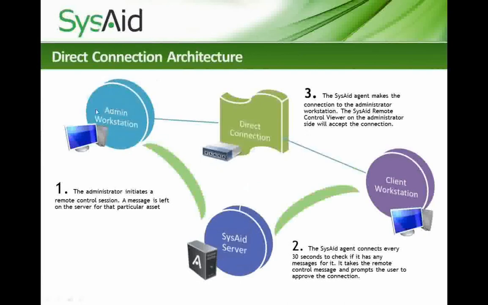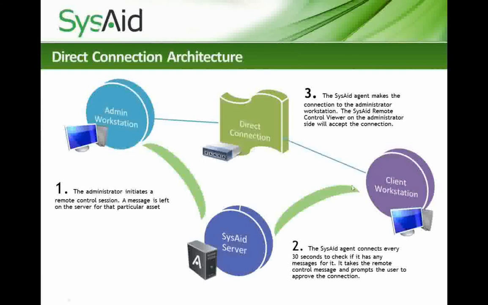In direct connection, the admin wants to connect to the end user workstation. When we click start remote control, a small request goes to the SysAid server, and then the SysAid server leaves a small note telling the end user workstation to open a remote control session.